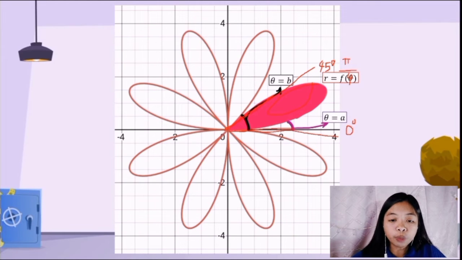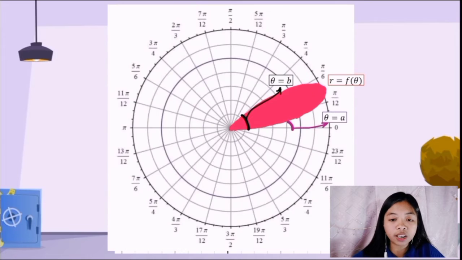So to prove that our beta and alpha are indeed bounded by the angle 45 degrees or pi over 4 and 0 degrees, let's put it in the unit circle.